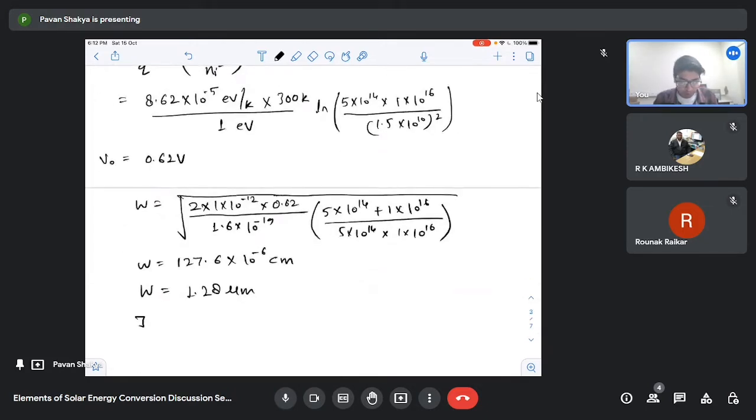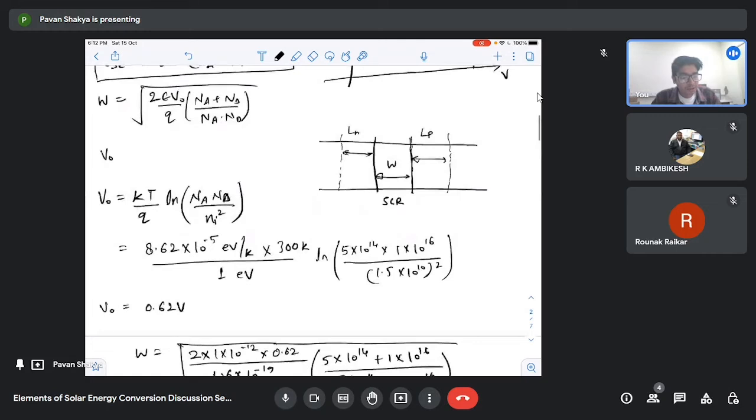So this JSC will be equal to Q, that is the charge of the electron, 1.6 into 10 to the power minus 19, multiplied by G, that is 2 into 10 to the power 22, and the summation of the total length that is affected due to the illumination.